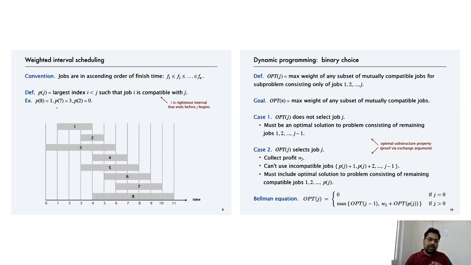So here P of J and OPT of J, these are three different things that we will be discussing now. One is also W of J or WJ, you can say.